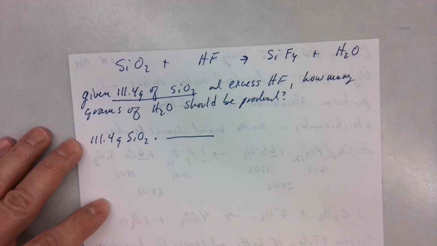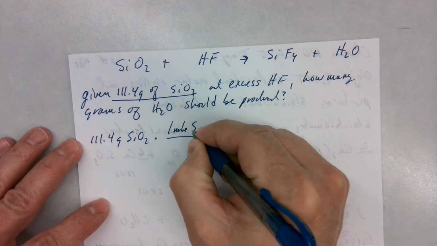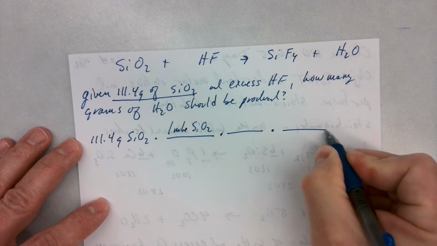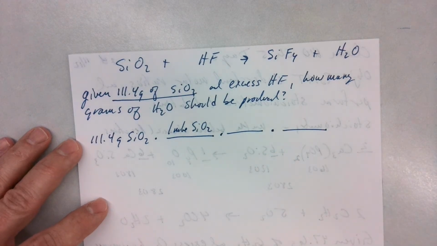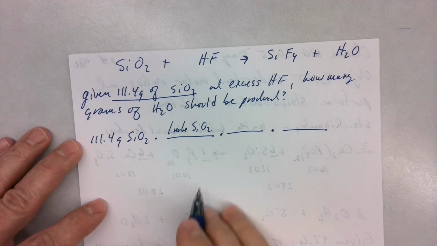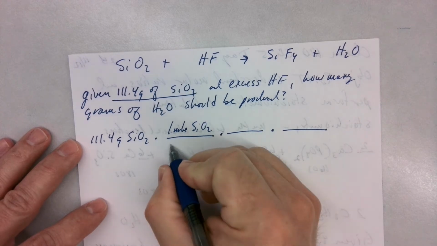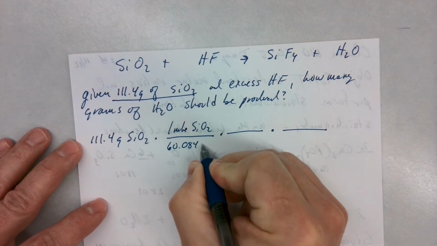Now, what's going to go here? What's going to go in my numerator no matter what? 1 mole of SiO2 for every what? 60.084 grams. 60.084 grams of SiO2.